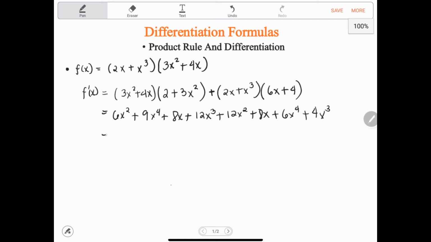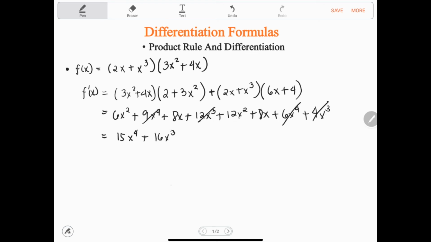Then we'll look for some common factors by looking at the exponent. So 9x to the power of 4 and 6x to the power of 4, we'll add it. It will result in 15x to the power of 4. 12x cubed and 4x cubed, if added, will result in 16x cubed.